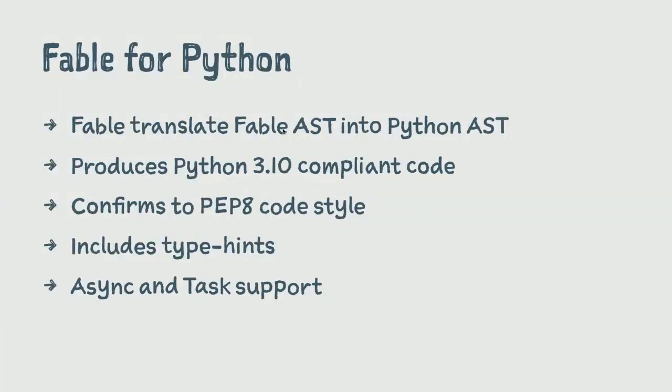It has async and task support. Async compiles to F# async. Task compiles to Python async await. And last night, I fixed the F# async, so it eventually runs on the asyncio main loop.